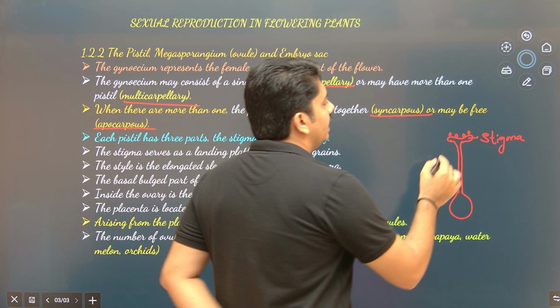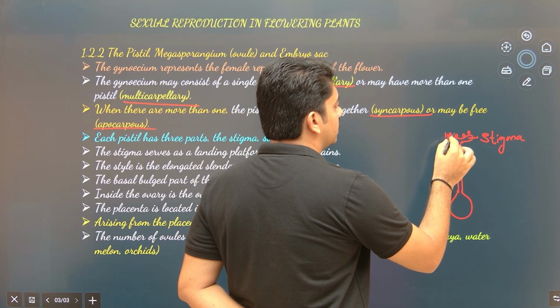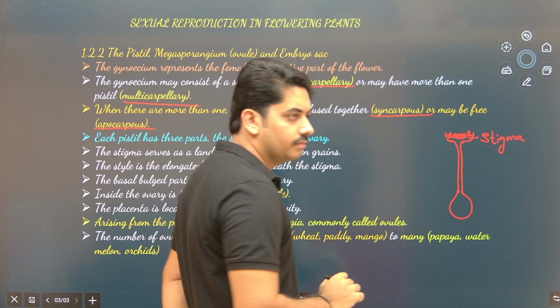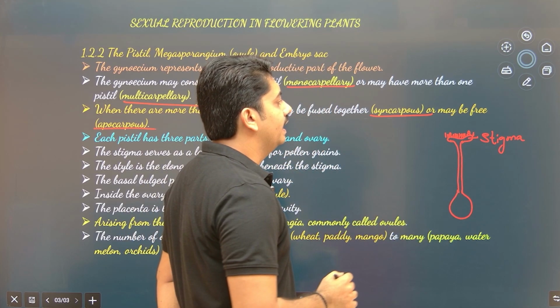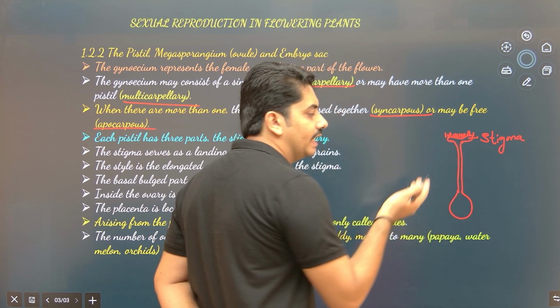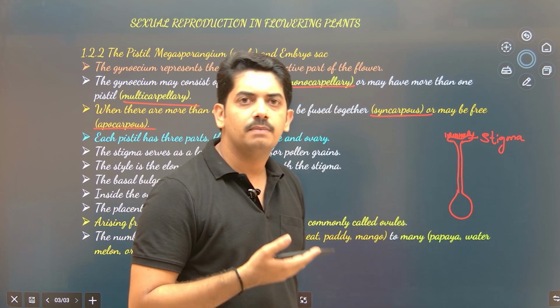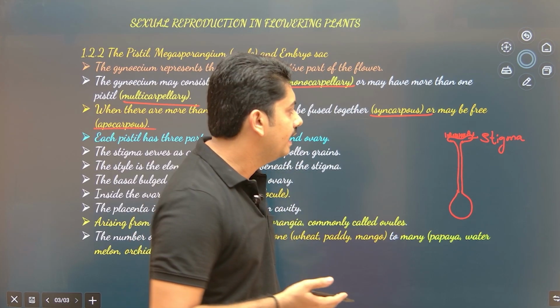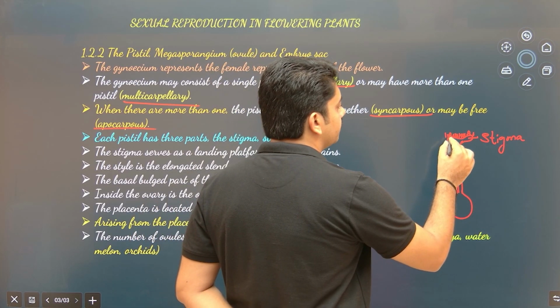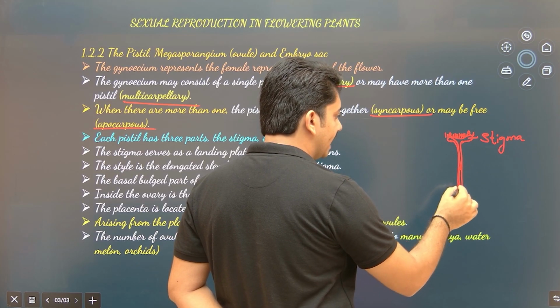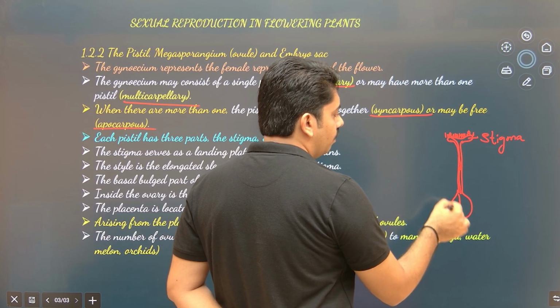They have small hair-like structures which help in trapping the pollen grains. When these pollen grains land on the stigmatic surface, certain chemicals help the pollen grain to germinate on the stigmatic surface, and the germinated pollen tube passes through the style and reaches the ovary.